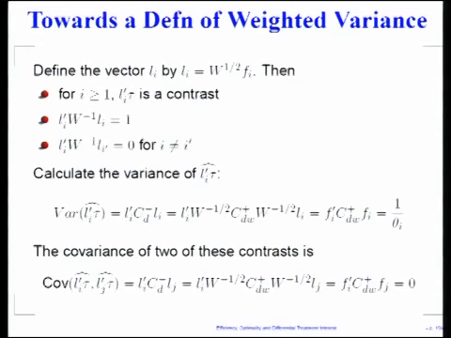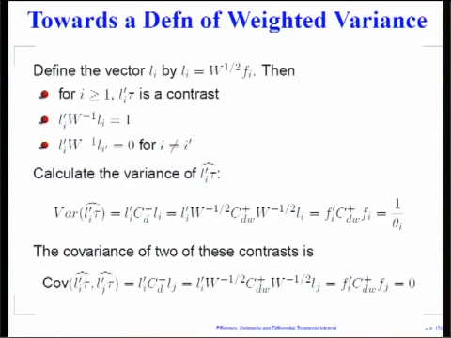So let's now define some new vectors. Call these guys Li by taking eigenvectors from the weighted information matrix and pre-multiplying them now by the square root of the diagonal weight matrix. Then it's pretty easy to show that each Li makes a contrast, that the Li's are normed with respect to the weights, and that the Li's are orthogonal with respect to the weights.